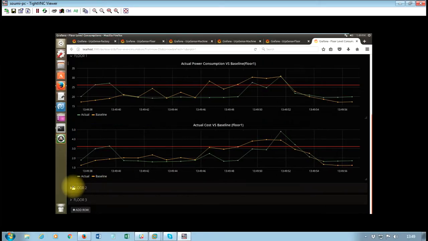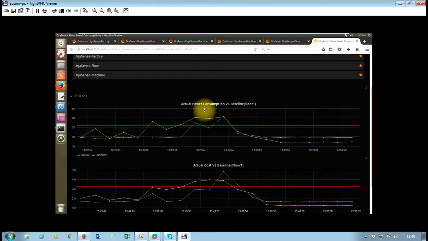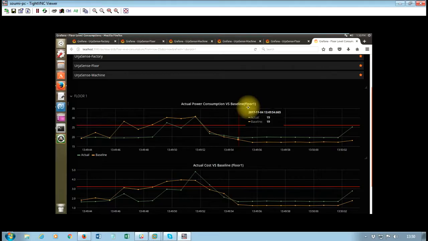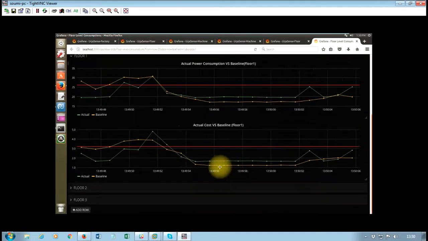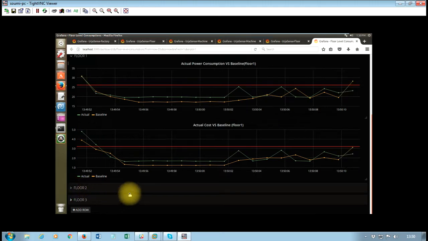Now we are looking at two different dashboards. One is the power consumption versus baseline, and the other is the actual cost versus baseline for the floor. Similar dashboards are available for floor 2 and floor 3 also.